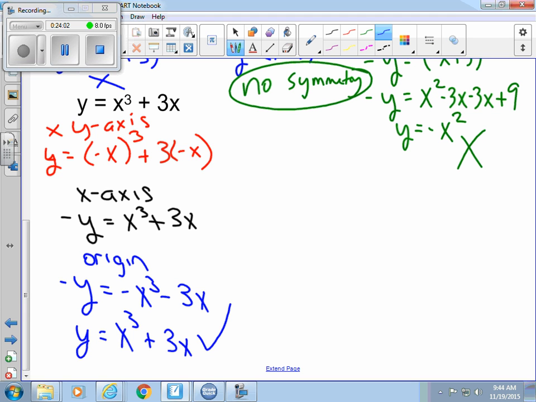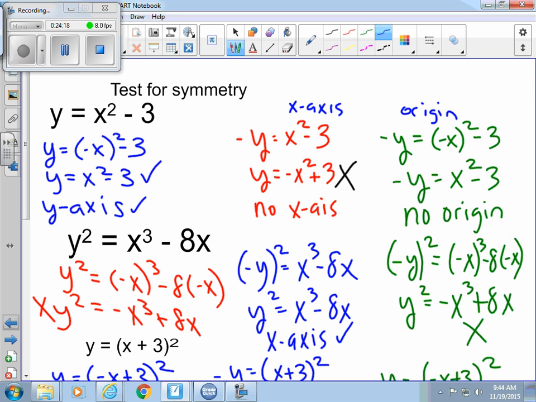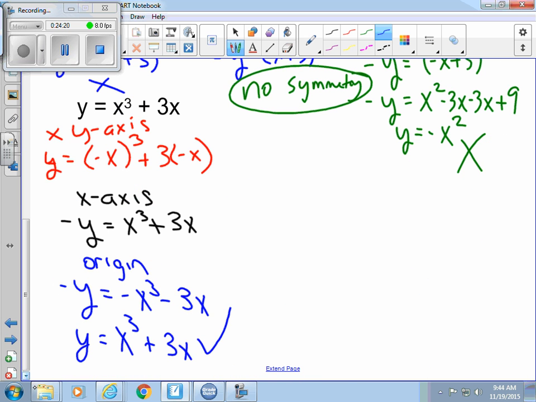So why is it called an odd function? Well, what was the original?